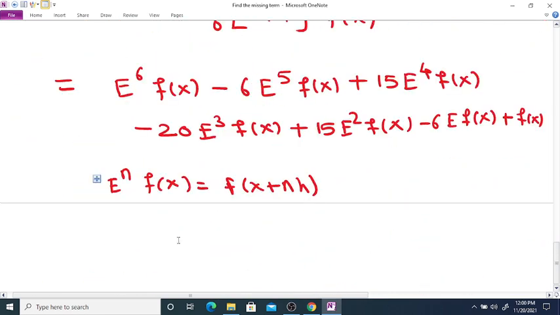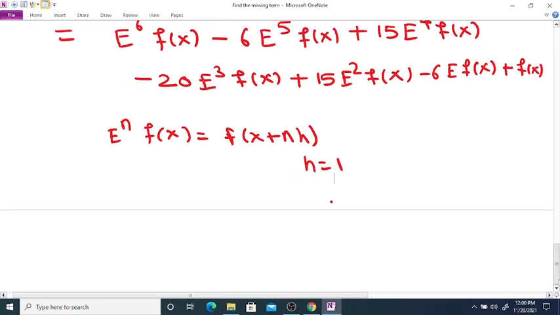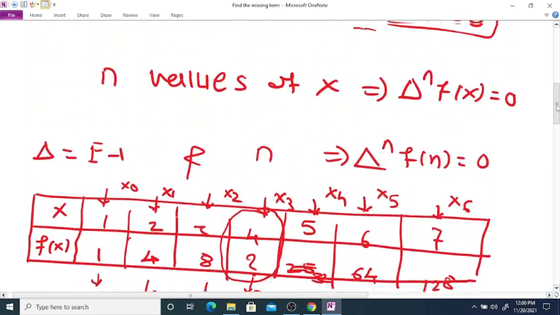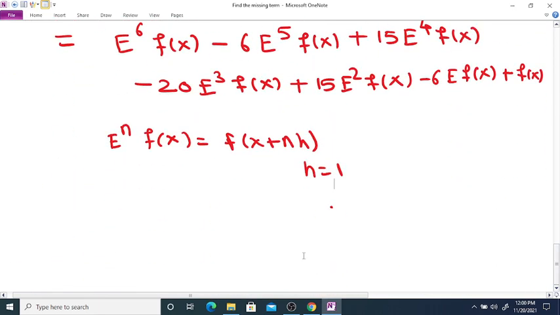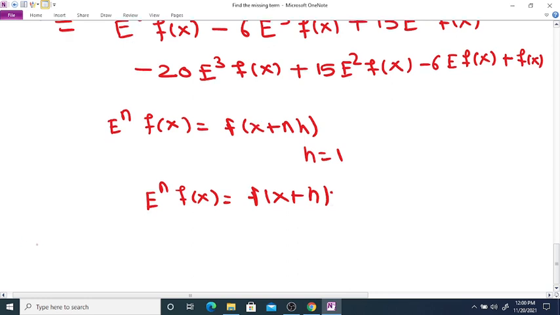Since h is equal to 1, you can see the successive difference of x values is equal to 1. Therefore e^n f(x) is equal to f(x + n). By using this, e^6 f(x) is equal to f(x + 6).